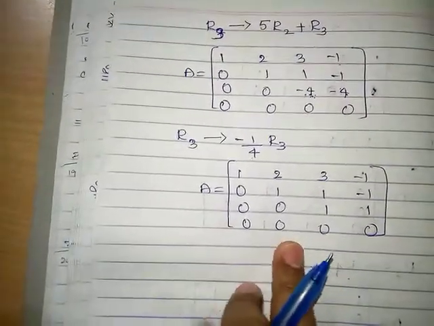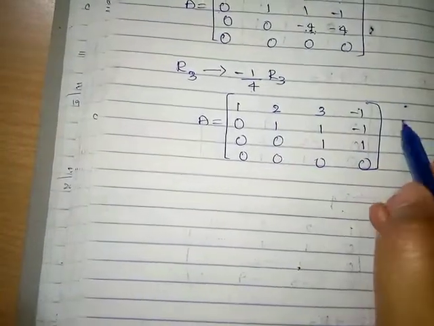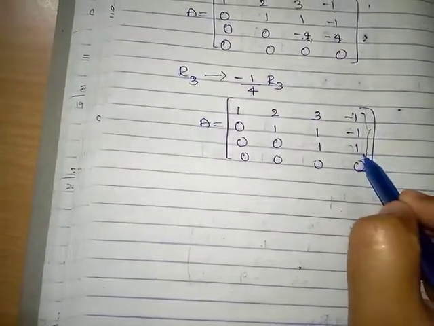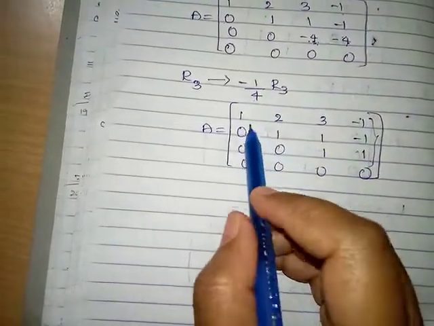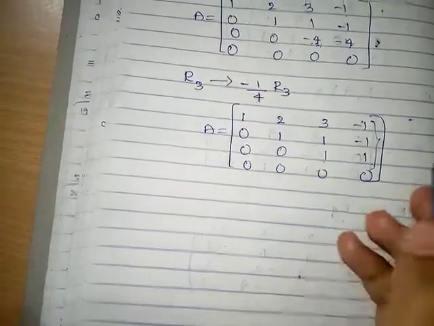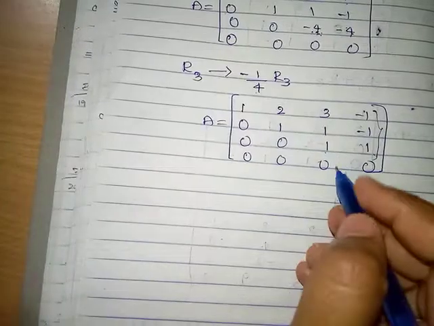This matrix is in echelon form, the number of non-zero rows is 3, and the first non-zero entry in every non-zero row is 1, so we can conclude that the rank of this matrix is 3.